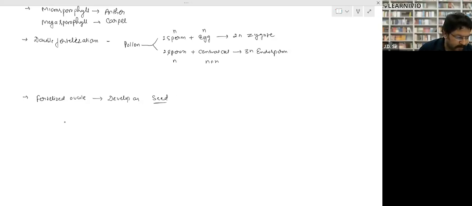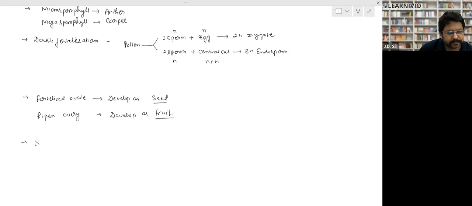Fertilized ovule develops as seed and ripened ovary develops as fruit. So what is fruit? Fruit is basically ripened ovary. And what is seed? That is a fertilized ovule, right?